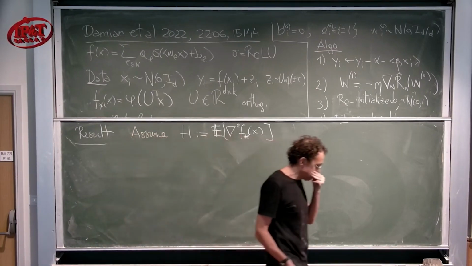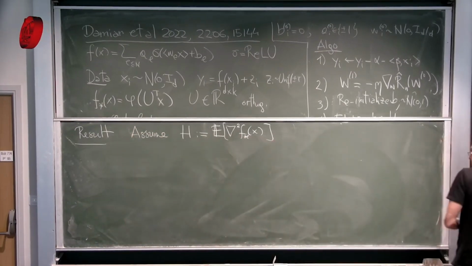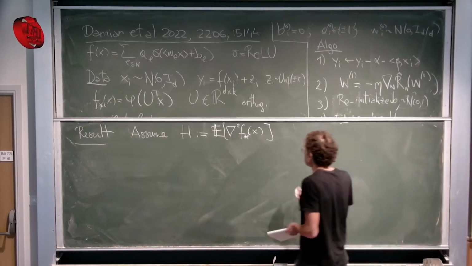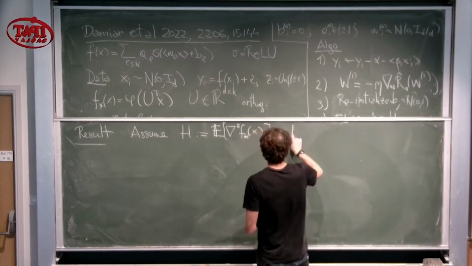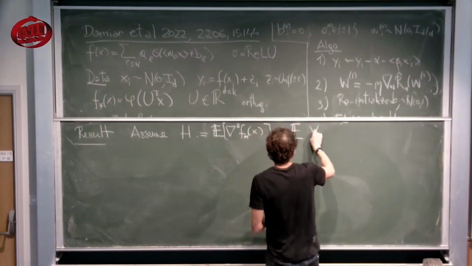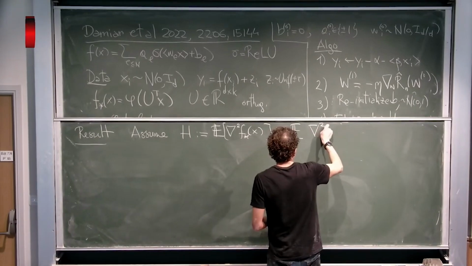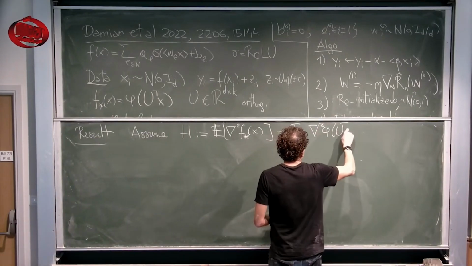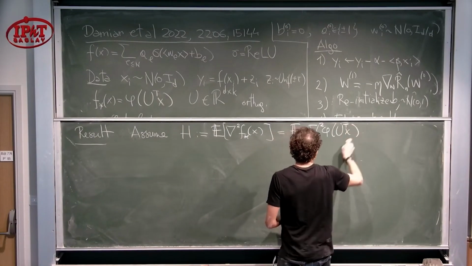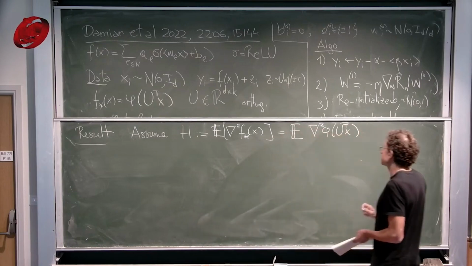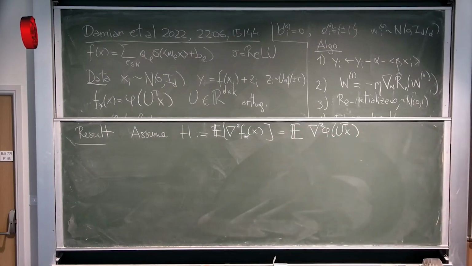So this is a D by D matrix. This is the expectation of the Hessian matrix of P transpose times X.